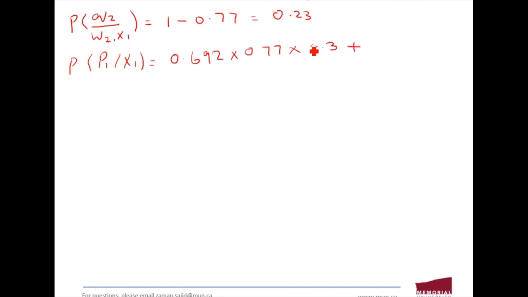Now similarly, I'm going to write down the values for the next terms. You can see how we calculated them. So it is 0.962 multiplied by 0.23 multiplied by 0.1 plus 0.306 multiplied by 0.77 multiplied by 0.8 plus, let me explain you the last term.